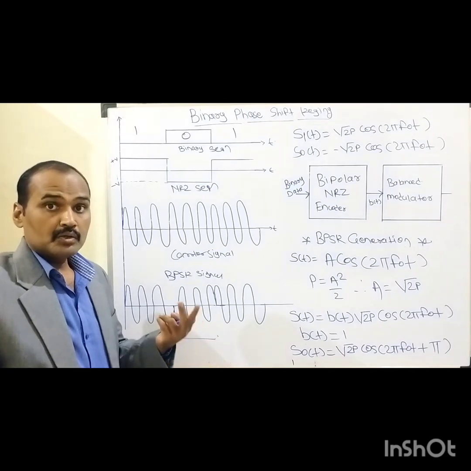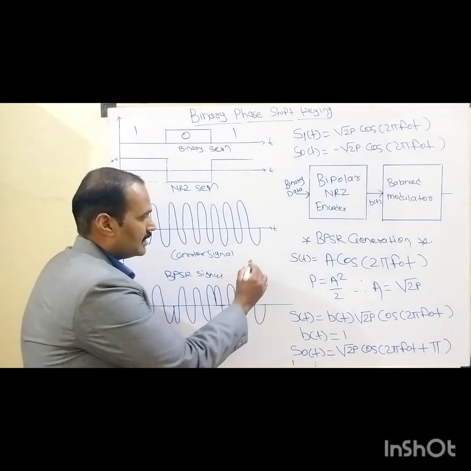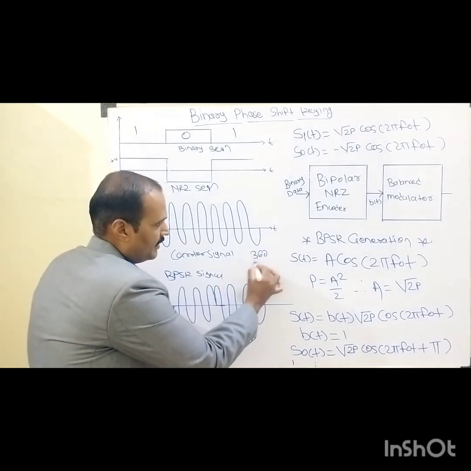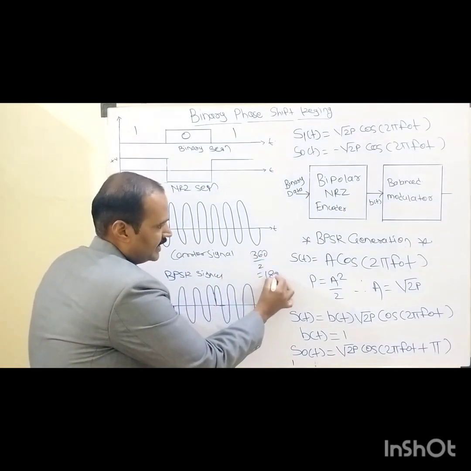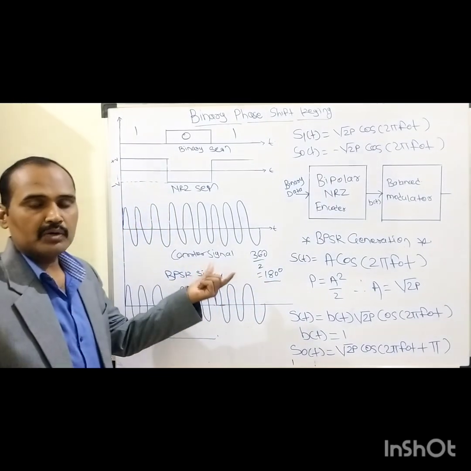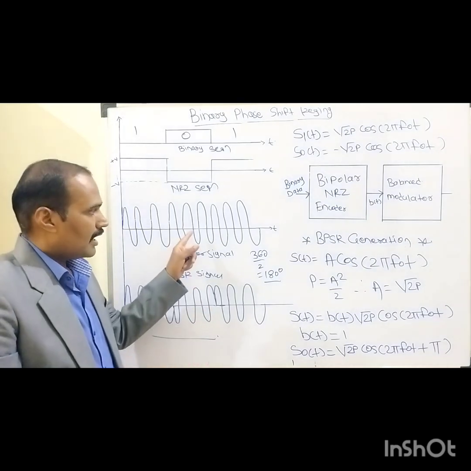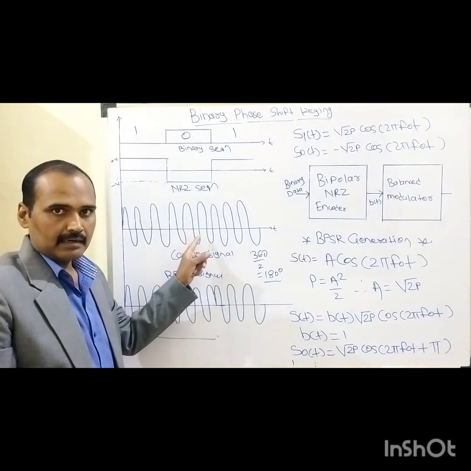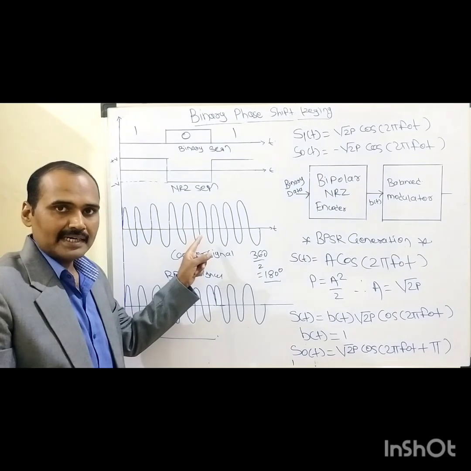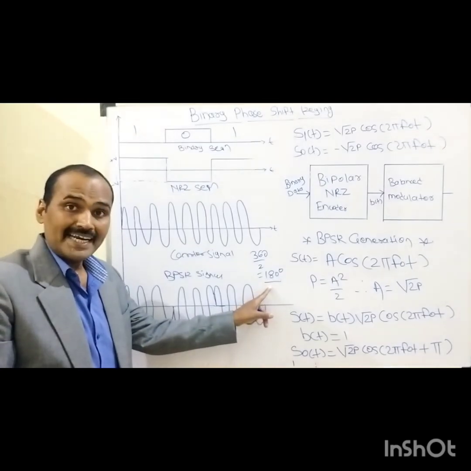So obviously, the total time period for the sinusoidal signal is 360 divided by 2. So how much is it? 180 degrees, right? So by an amount of 180 degrees, whenever we go through a signal transition, at that time the phase of the unmodulated carrier signal is changed by 180 degrees.